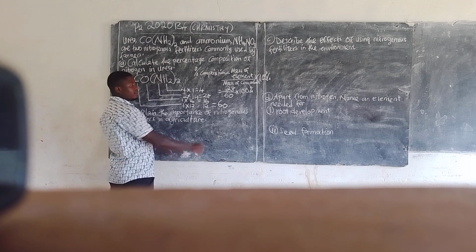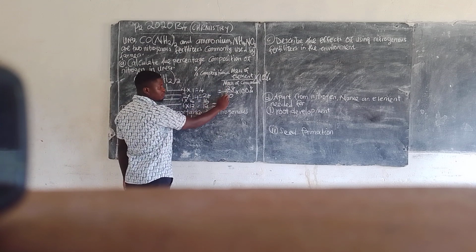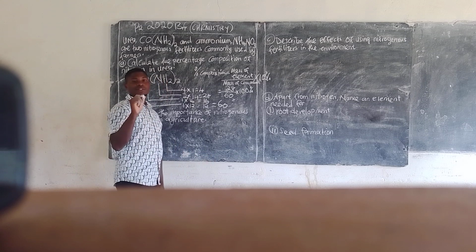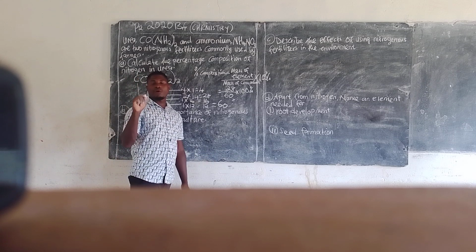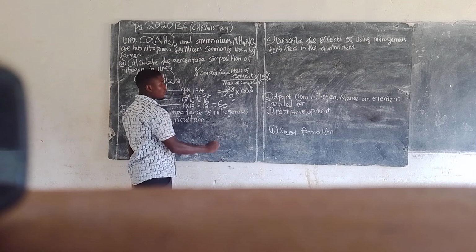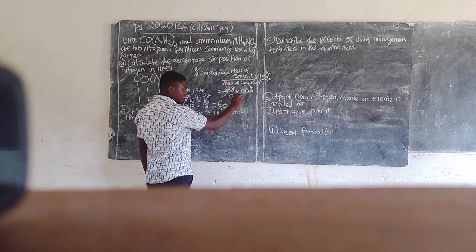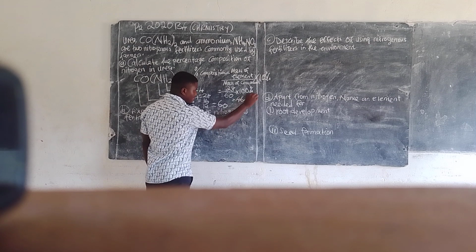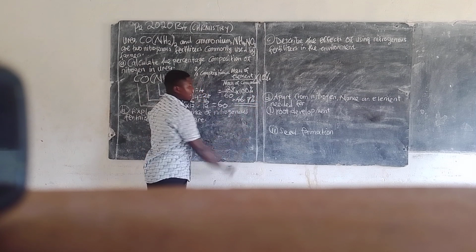So when you divide 28 by 60 multiplied by 100%, what are you getting? You are supposed to get 46.666667. So our answer is 46.7%. That is our answer.